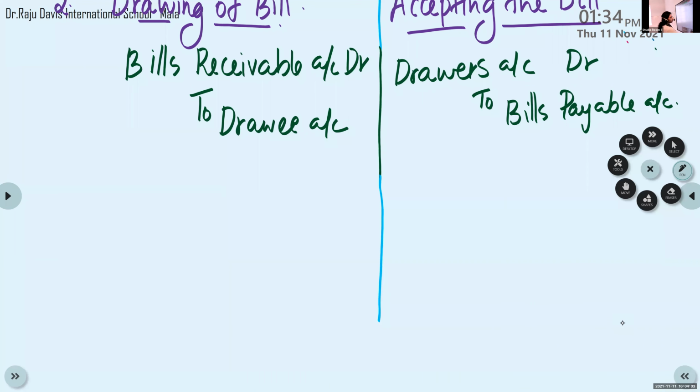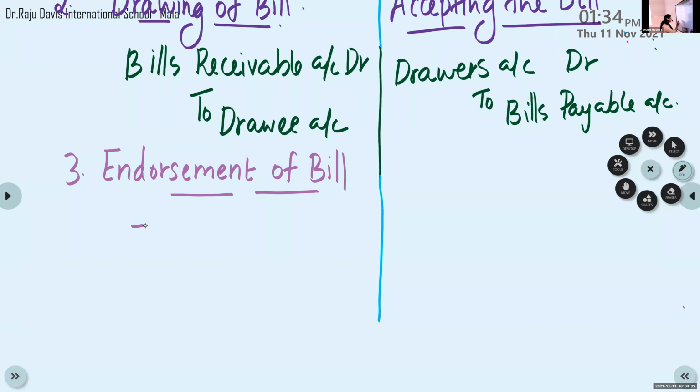Endorsement of bill, the entry is endorsee account debit to bills receivable.